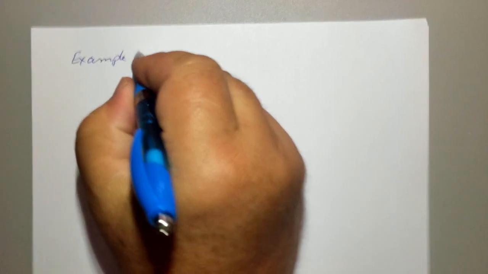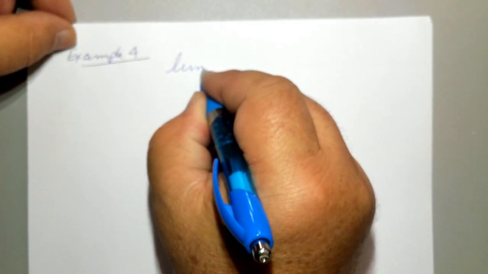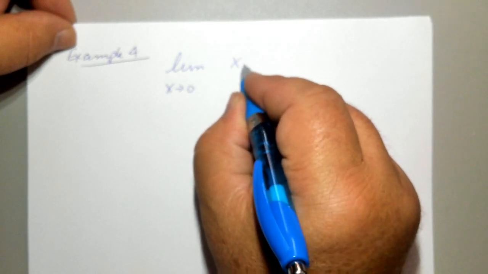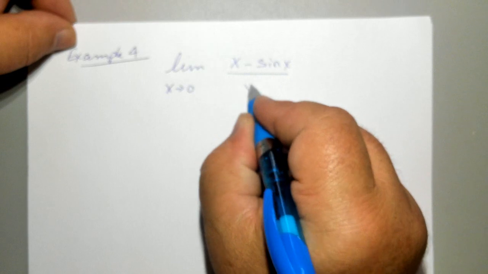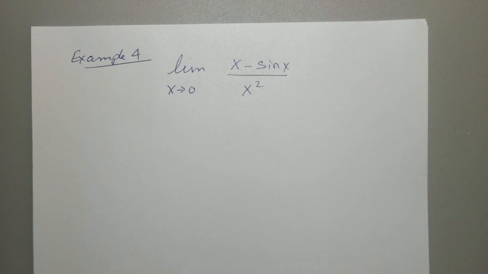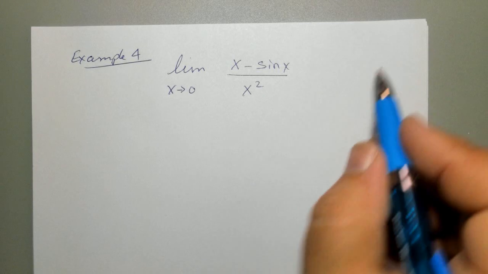Example number. Limit as x approaches 0 of x minus sine x over x squared. So again, 0 minus 0 over 0, so it's 0 over 0.